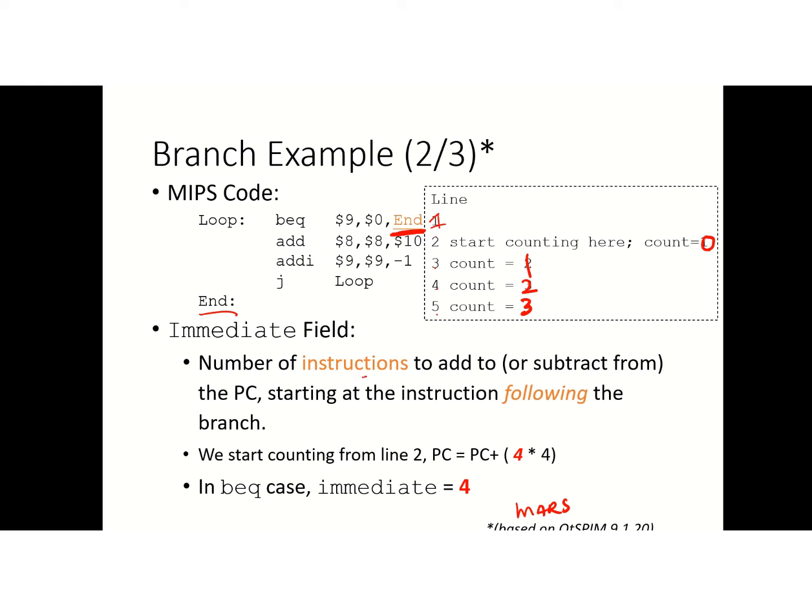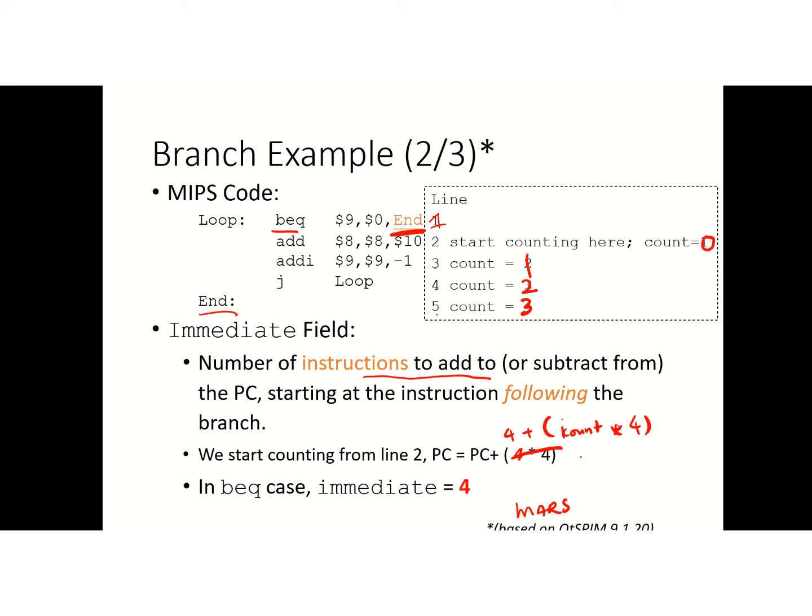So the number of instructions to add or subtract from the PC, starting at the instruction after this BEQ, would be PC equals PC plus 4 plus immediate (or count) times 4. So here, count is 0, and then 1, 2, 3.